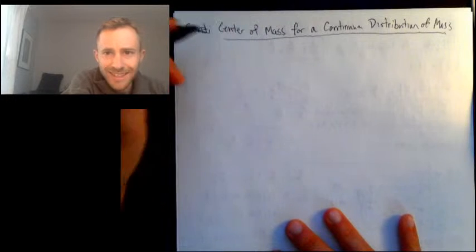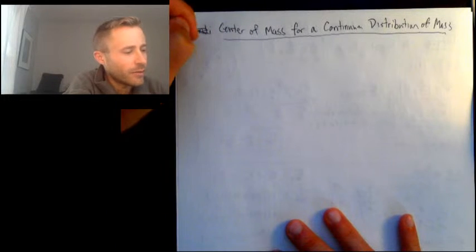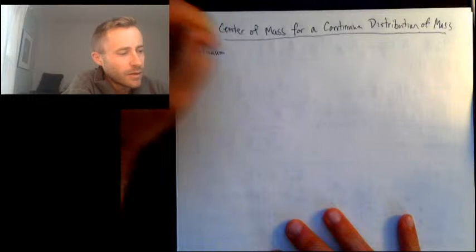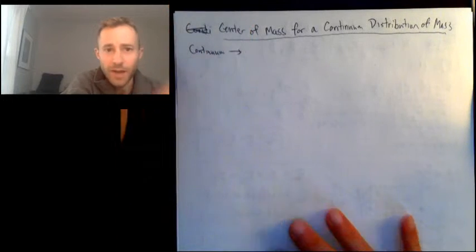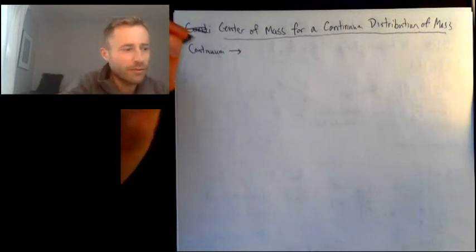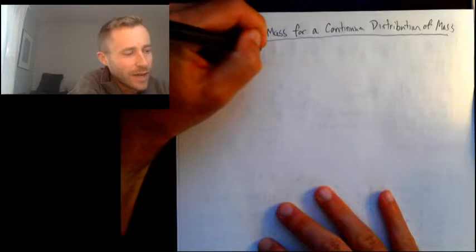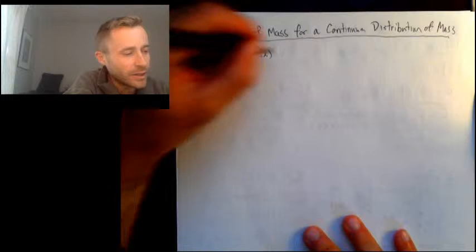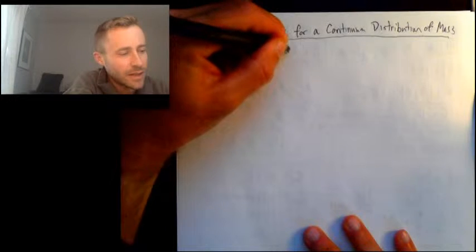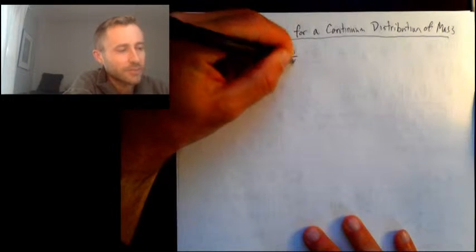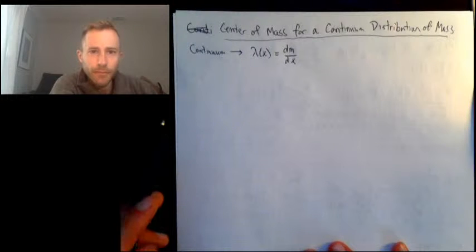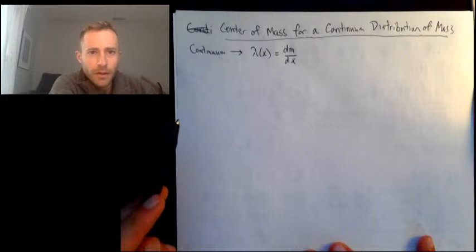So if it's a continuum distribution of mass, then that means that we don't have m1, m2, m3, m4, m5. We have a lambda of x. Okay? Remember, lambda is the linear mass density. It's dm/dx.